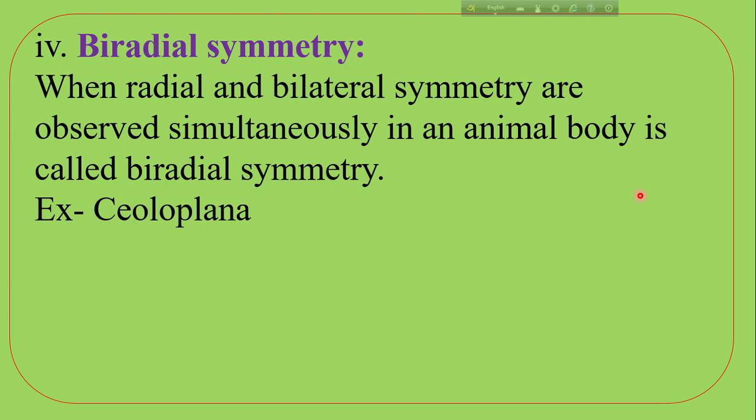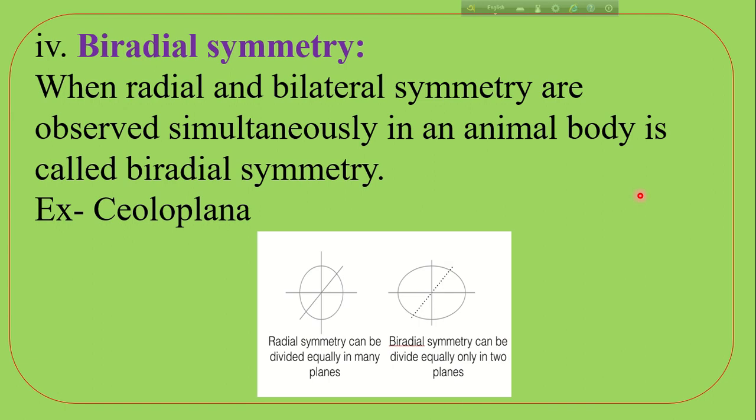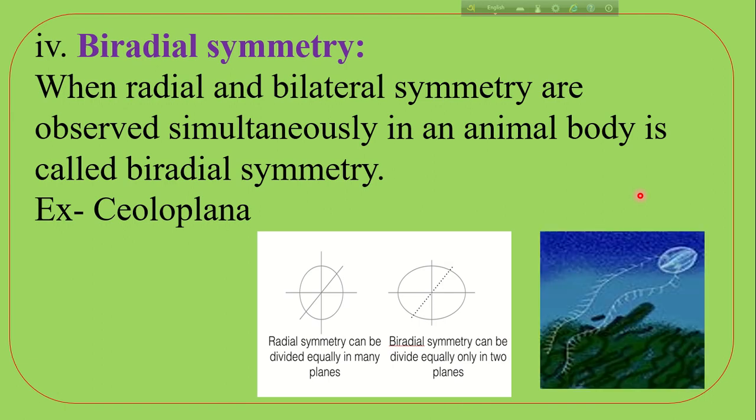Example, Coelom. This is the animal. We may divide it into two when it falls in bilateral symmetry. Again, it also divides into 2 to 4, but bilateral symmetry is only 2. That's why this type is called biradial symmetry.